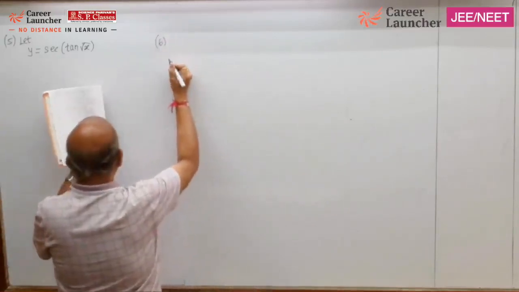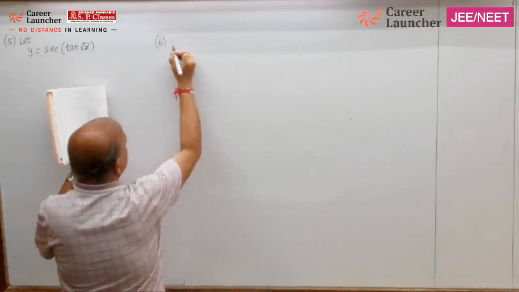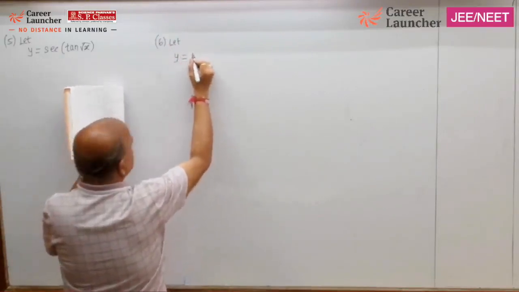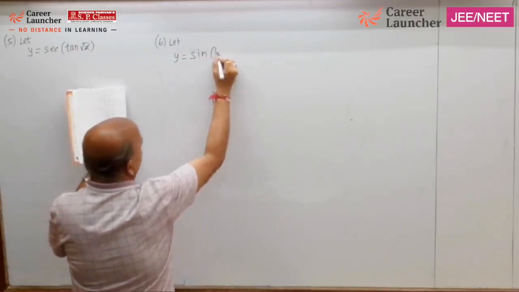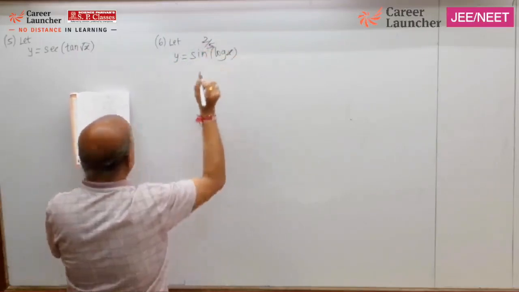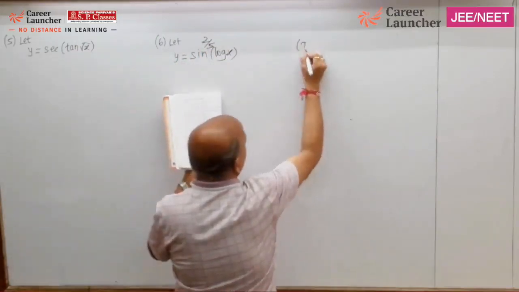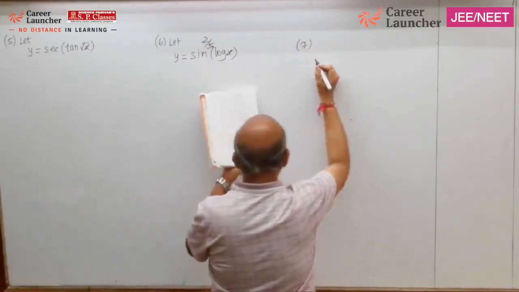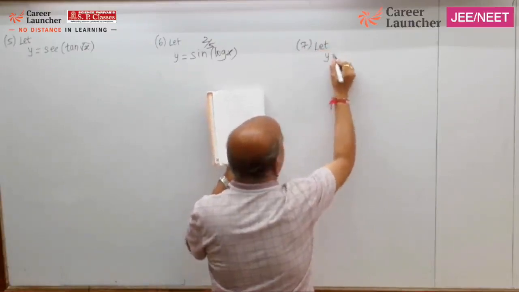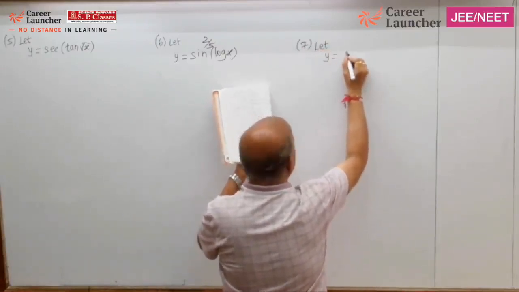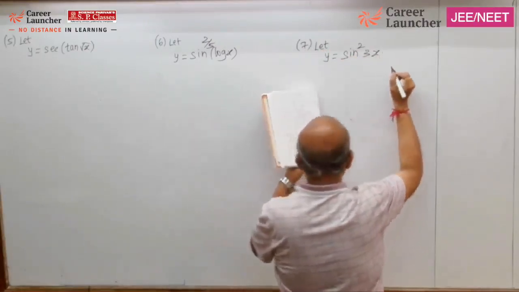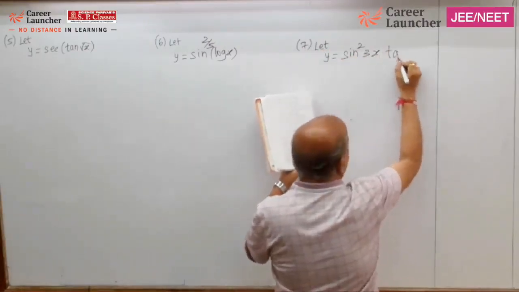Question number 6. y is equal to sine of log x, bracket raised to 2 upon 5. And question number 7 is y is equal to sine square 3x into tan cube 2x.